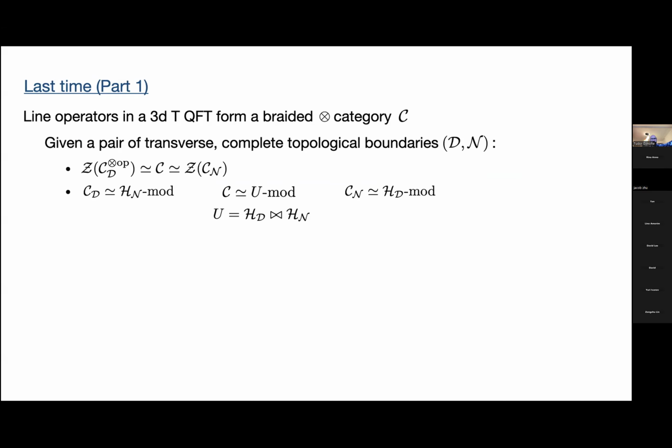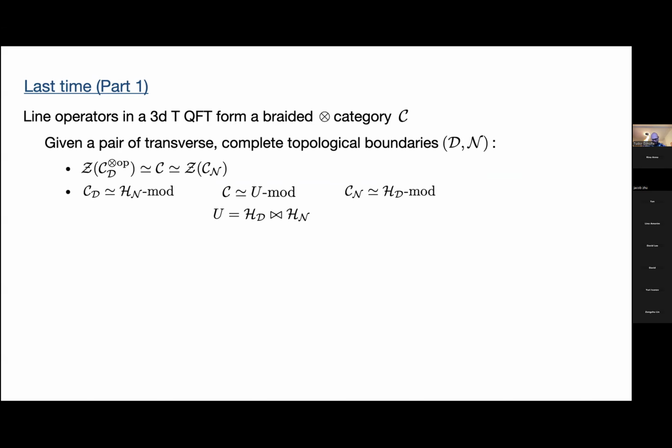Hochschild homology of this object. Like for example, if naively we think about the two-category of all categories, whatever this means, you take a category, you take its Hochschild homology. Yes, but that produces a map, and in particular you can insert objects in there.